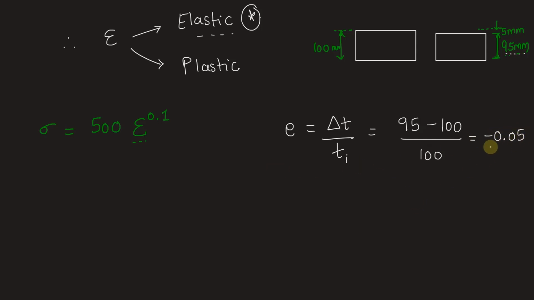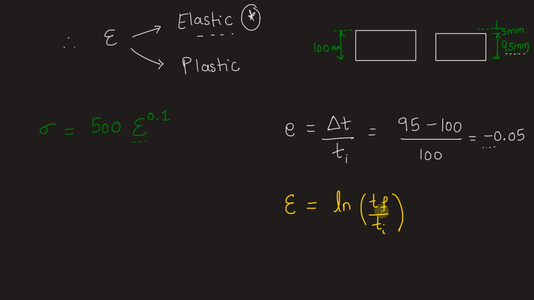Strain is unitless because it's the ratio of the same dimension. It is a pure number, minus 0.05. The negative sign indicates strain is compressive. From the engineering strain, we can find out the true strain. True strain epsilon is equal to natural log of final thickness by initial thickness.